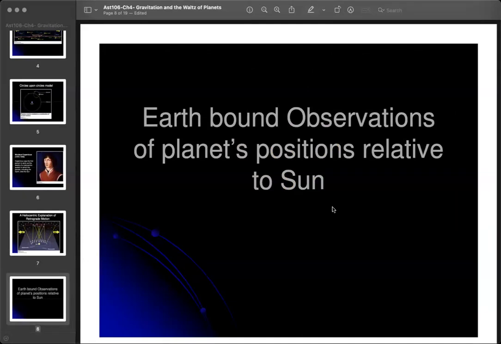Okay, so as I said, Copernicus explained the heliocentric system very well, and so we'll talk about the details of it. So in this next diagram, we'll see earthbound observations of planets' positions relative to the sun.